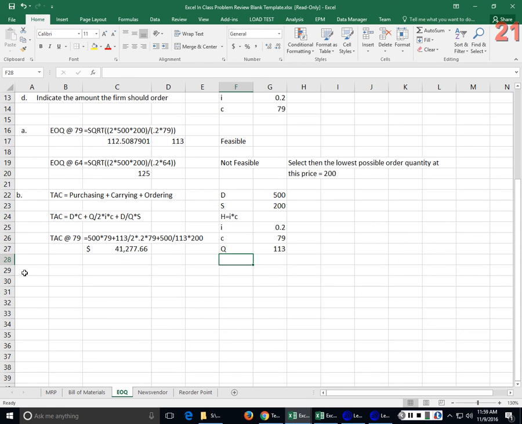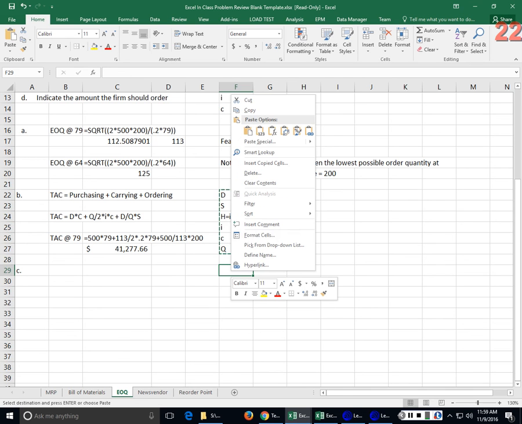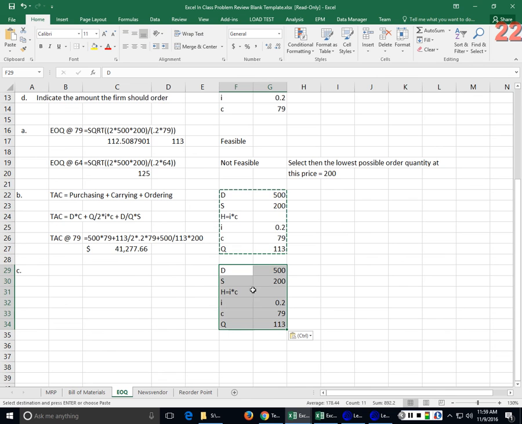Okay? So if I'm going to do C, where it says calculate the price discount using the price discount we're given, right? I can copy this down. And Matt, in the back row, what changes between B and C?